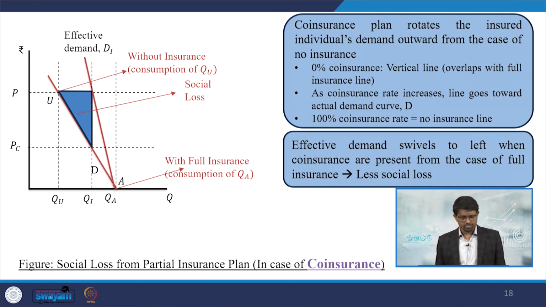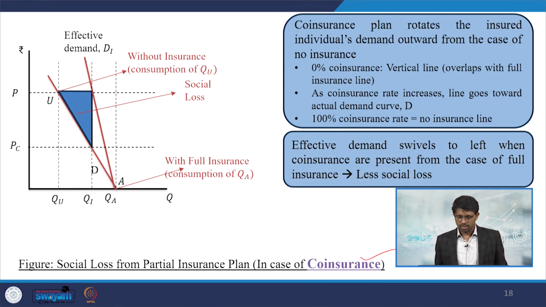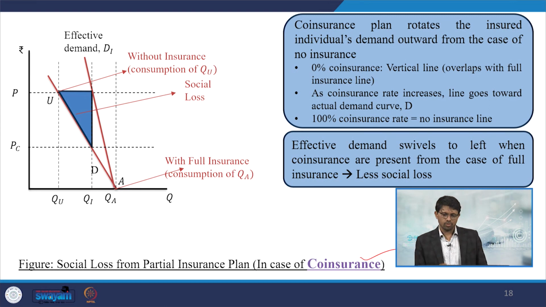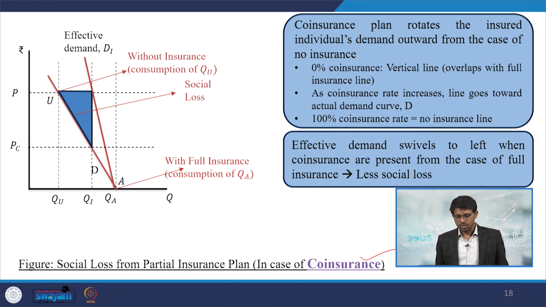Another case, if there are some sensitivities due to co-insurance, you are actually paying a certain percentage of your insurance. Yes, a major percentage is covered by the insurance company, but a certain percentage you are bearing, hence the social cost will be different, and use will be different. You can see the co-insurance plan rotates the insured individual's demand outward from the case of no insurance. Zero co-insurance is nothing but the vertical line which we already discussed, and it overlaps with the full insurance line.